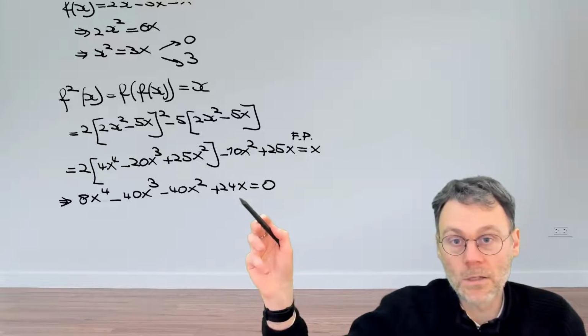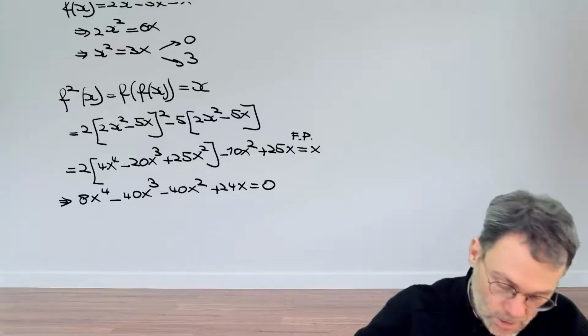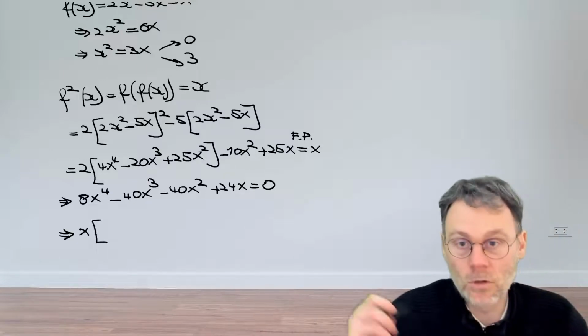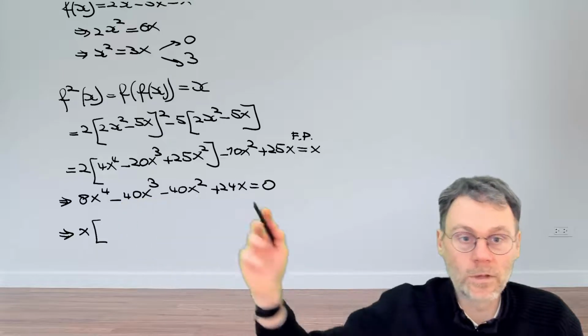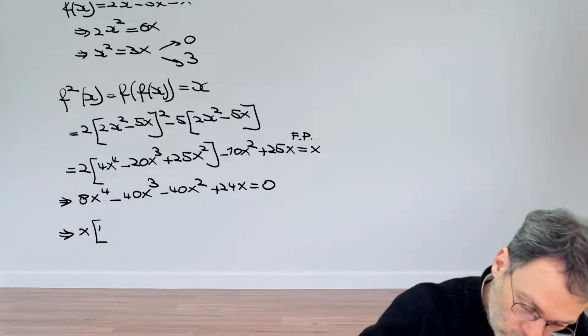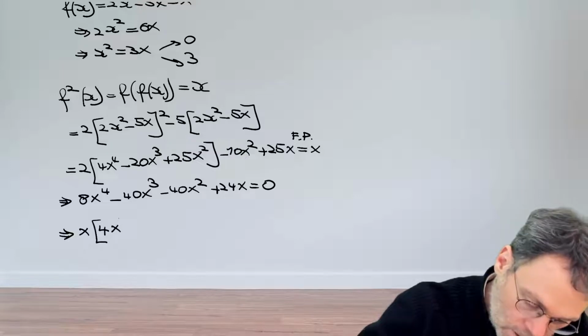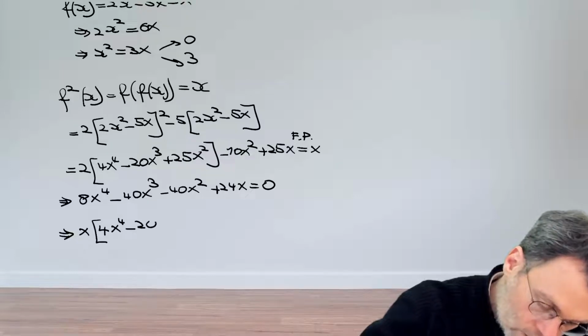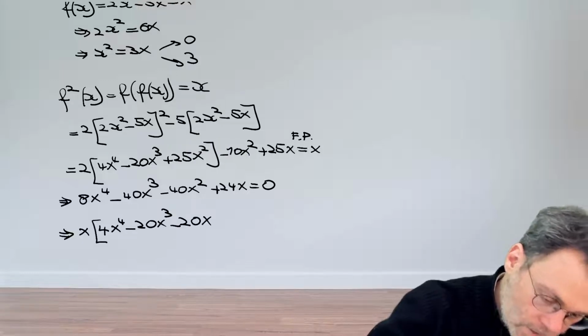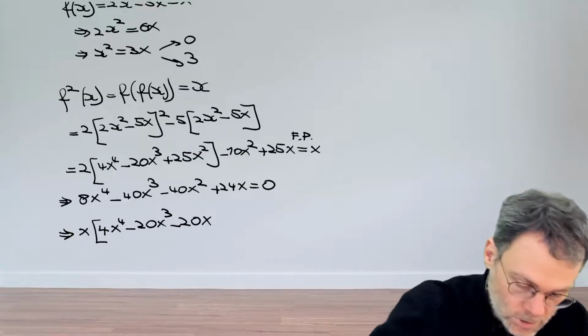It's quite obvious that 0 is indeed a solution, so we can factor out an x here. Since all of these coefficients are even, let's also divide everything by 2. So we have 4x cubed minus 20x squared plus 20x plus 12.